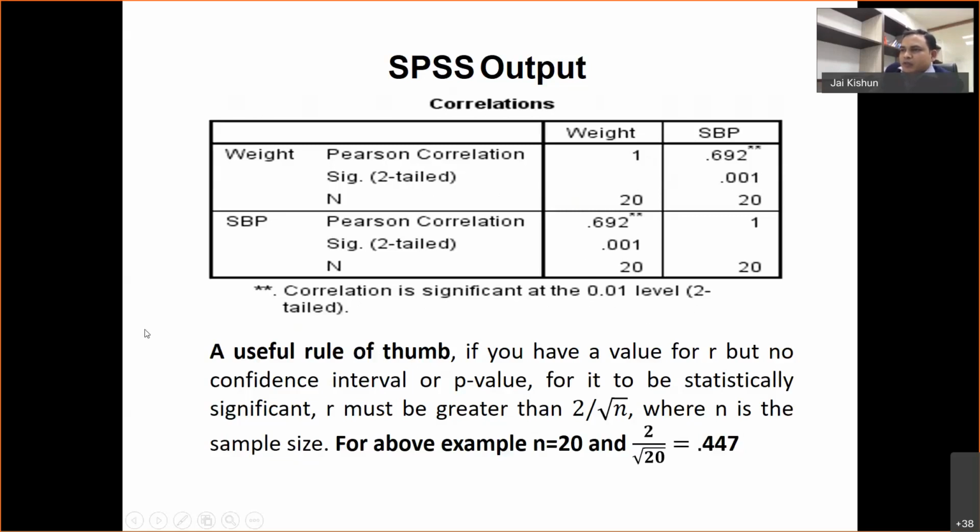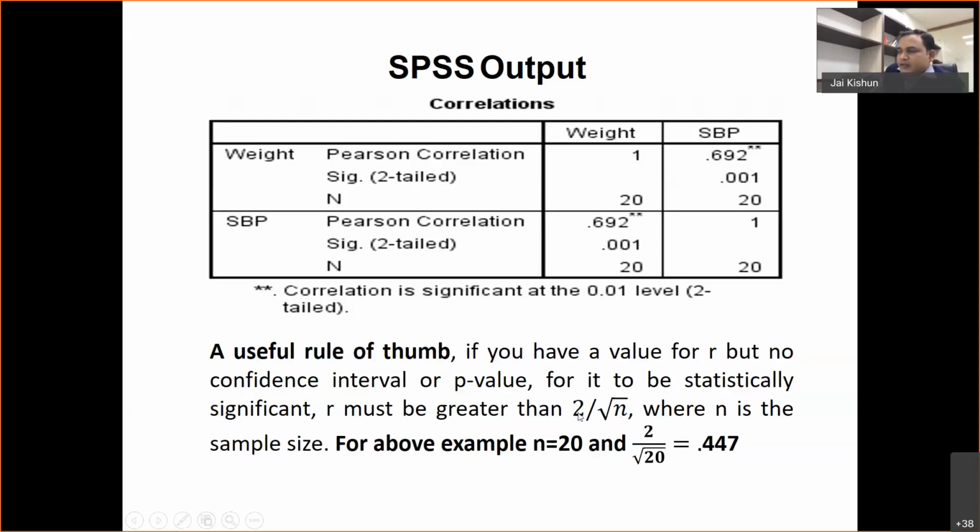The one thumb rule which we are using: if you are given R values and we do not have any information about their p-values or confidence interval, then how will you say whether these R values are statistically significant or not? For this we use the formula 2 by root n.